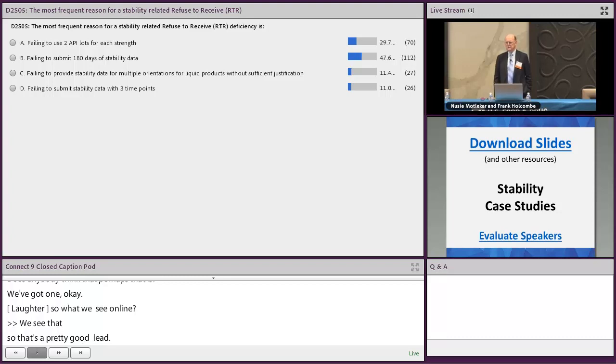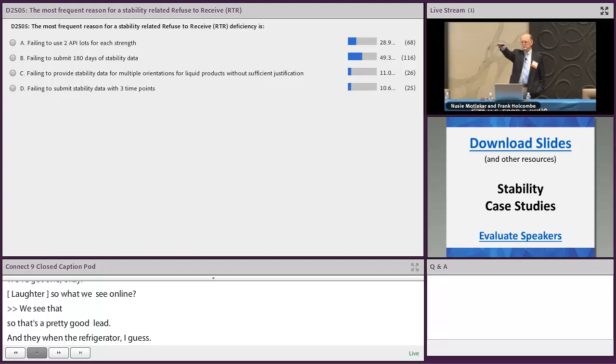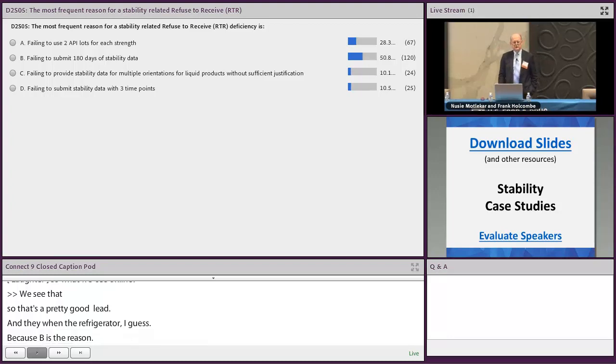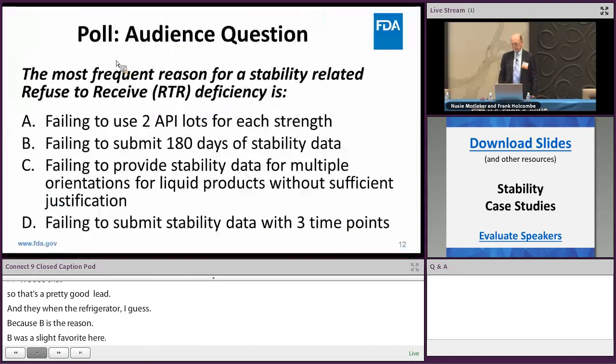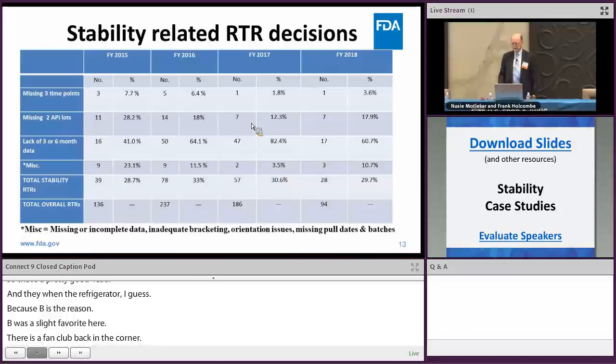B was a slight favorite here. There's a fan club back in that corner that seemed to like B more than any other choice here. So okay, we can go back now.